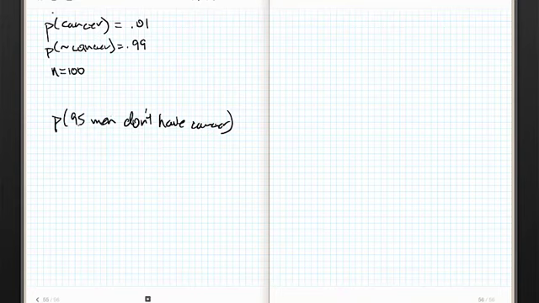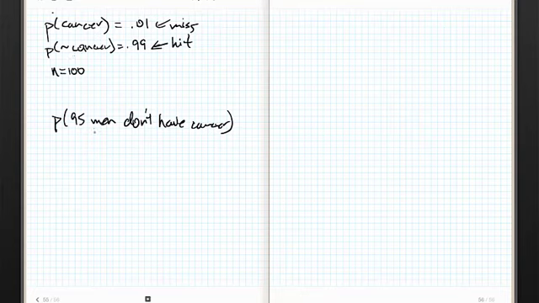Now, not having cancer is considered a success here. Do you see what I'm saying? In other words, this is a hit, and this is a miss. Even though you may think that the probability of having cancer is going to be your P, and your probability of not having cancer is going to be your Q, it's all contextual.